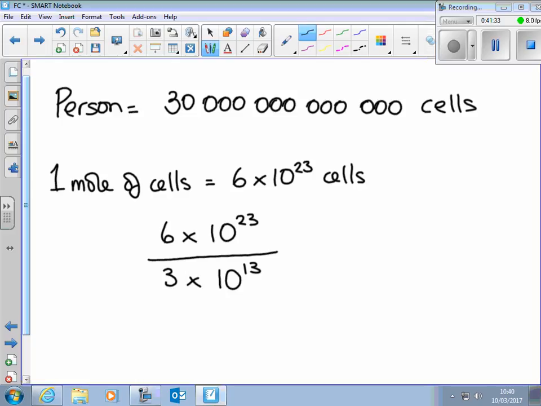We can do some cancelling out. Could we cancel out the 6 and the 3 for a start? Yes, because if you divide the top and the bottom by 3, the 3 disappears and the 6 turns into 2. We've done the same to the top and the bottom, so it stays the same.